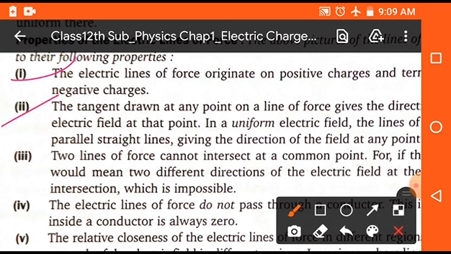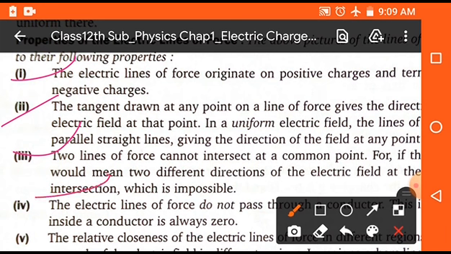Second, the tangent drawn at any point on the line of force gives the direction of electric field at that point. The third point is that two lines of force cannot intersect at a common point. It is the most important concept because if they intersect at any common point, then at that point there will be two directions of electric field, which is not possible in any case.